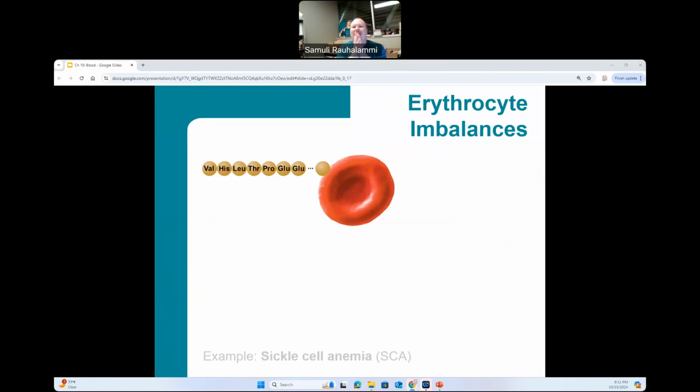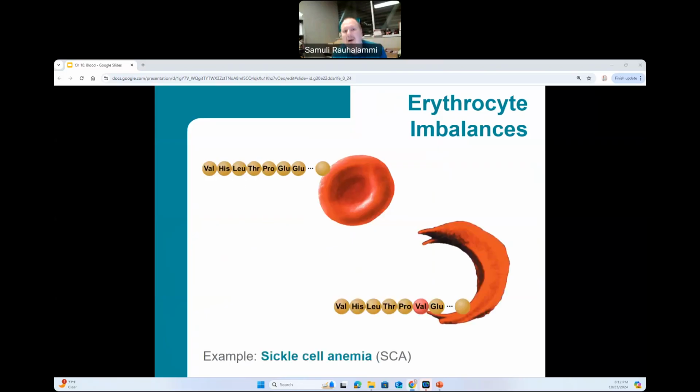What we see here is a normal red blood cell. It's this nice rounded biconcave disc in shape. And these are able to carry oxygen just fine. But when we have sickled red blood cells, sickle cell anemia is due to a single base error in the DNA, which causes a wrong amino acid to be placed into the amino acid chain.